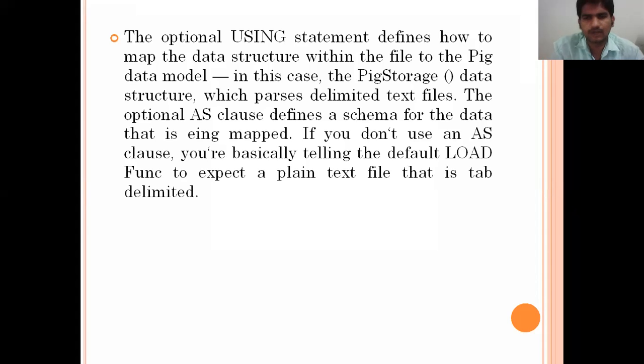So how it will be if you are using the AS clause, and how it will be if you are not using it, such that we define the data, basically the data types, how we want to define them. So by using the USING statement and the AS clause we differentiate between these types. Okay, so that is simple.